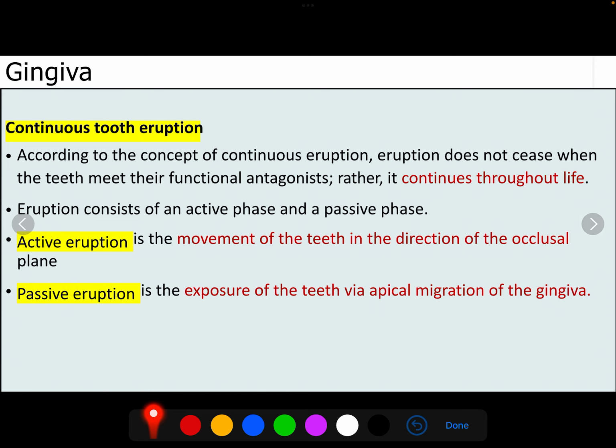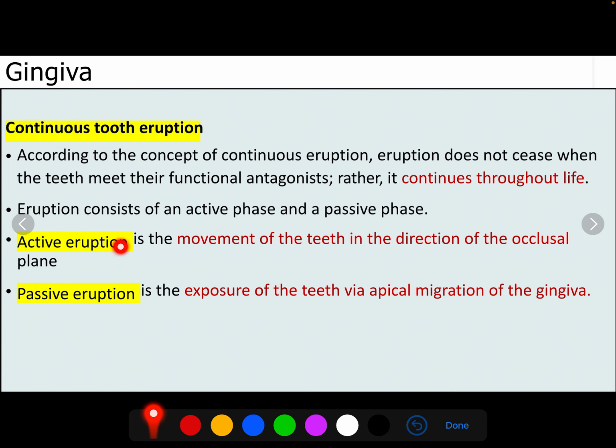Now we will see the concept of continuous tooth eruption. According to this, eruption does not cease when the teeth meet their functional antagonist. Rather, it is a continuous process throughout life. Eruption consists of two phases, the passive phase and the active phase.